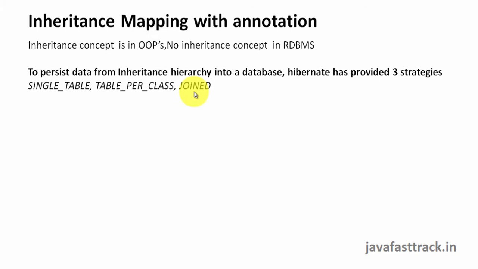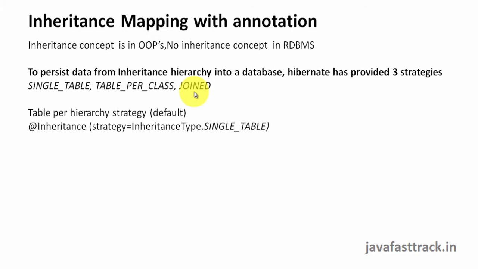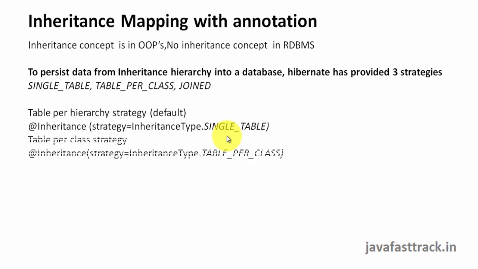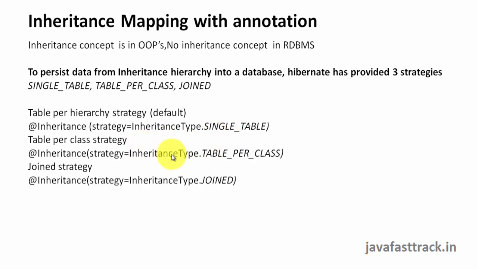I simply have to use only three annotations. One is the Inheritance annotation with single table strategy. Another is the Inheritance annotation with table per class strategy. Another is the Inheritance annotation with join strategy. I only have to use any of these, the single table strategy, the table per class strategy, or the joined strategy.